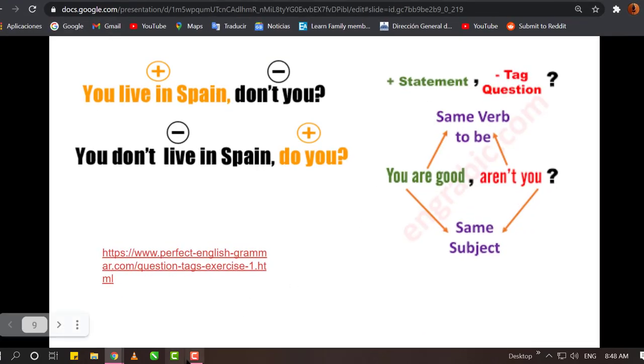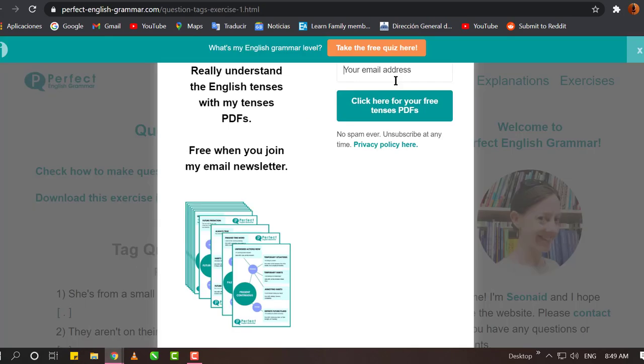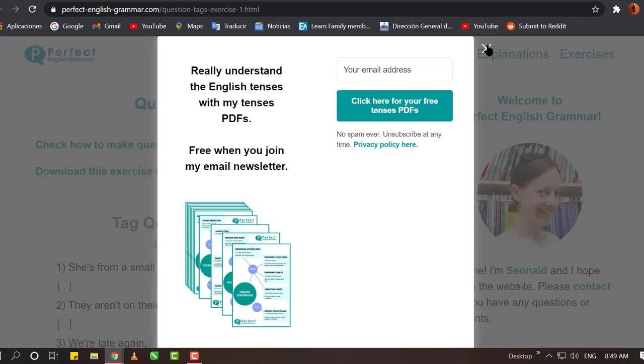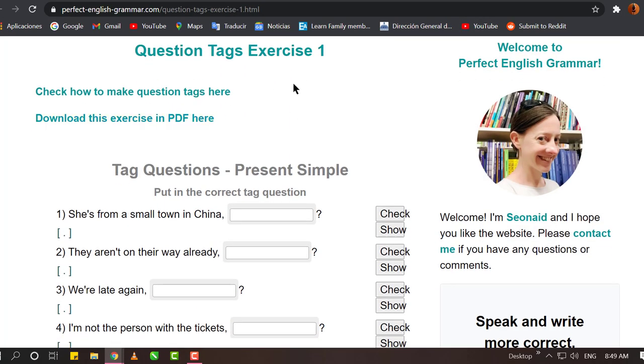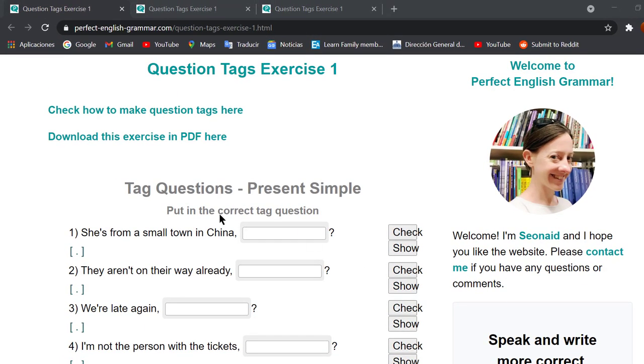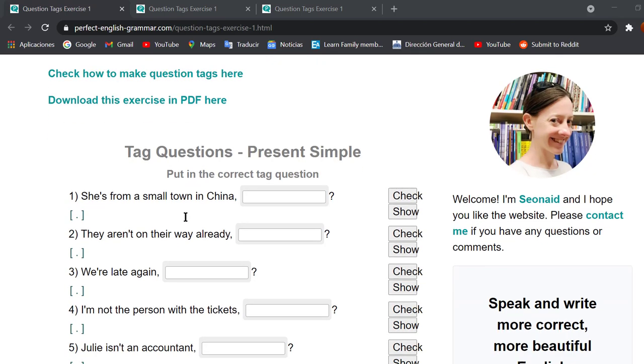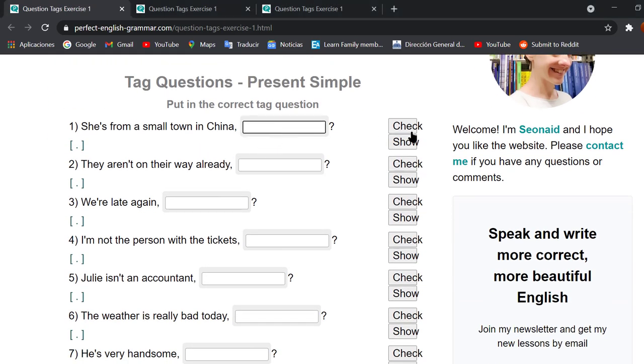Here we have a tag question exercise where you have to fill out information. Pay attention to the first things, the person and the verb. Positive, and you put negative, right?